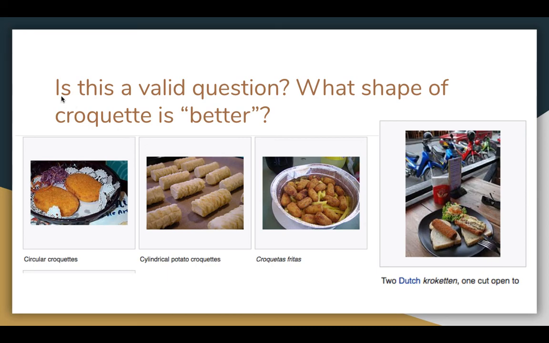So yeah, I think this is a valid question to ask: what shape of croquette is better? By better, I mean which one is crunchier. Totally valid question, and one that is worth exploring and easy to explore using math.